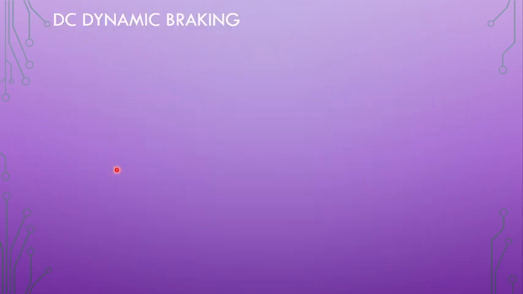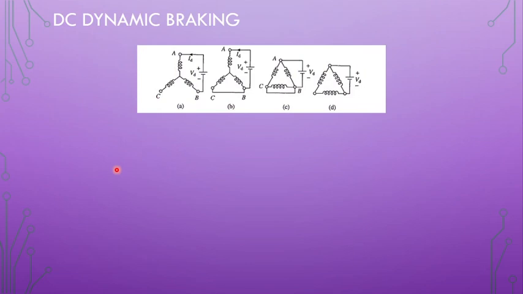The third topology we have in dynamic braking is DC dynamic braking. Here we keep one of the phases open, and the remaining two phases, instead of keeping them connected to the supply, we disconnect from the supply and connect to a DC source as shown in the figure.